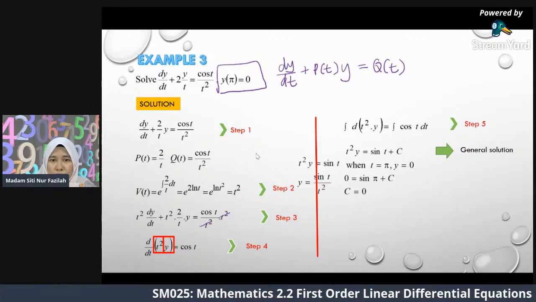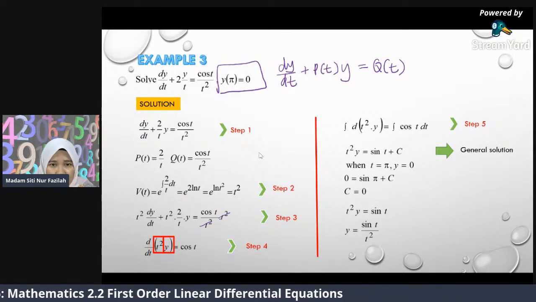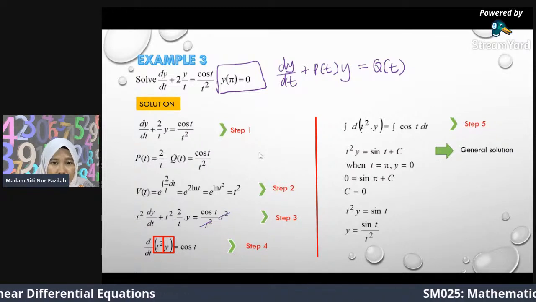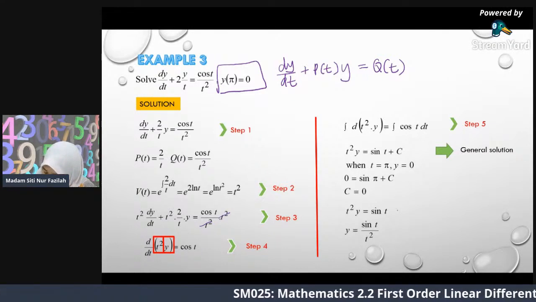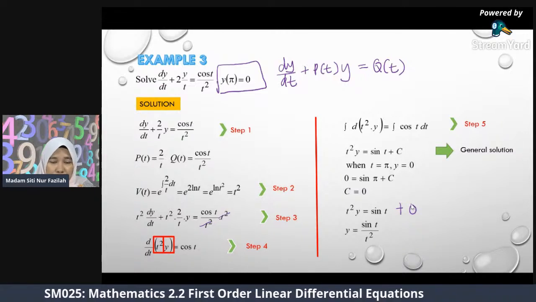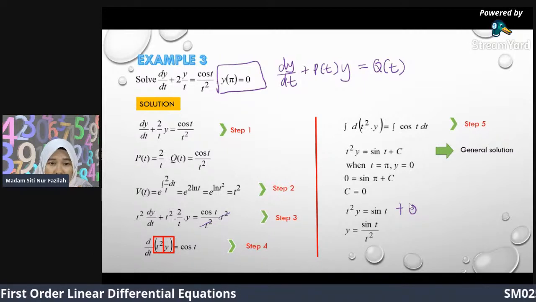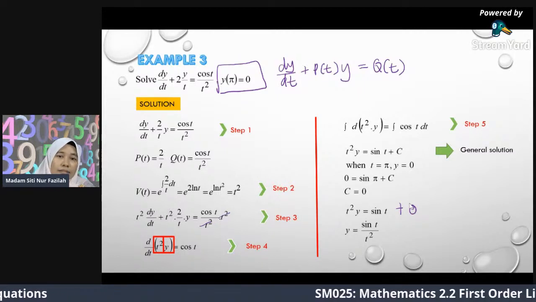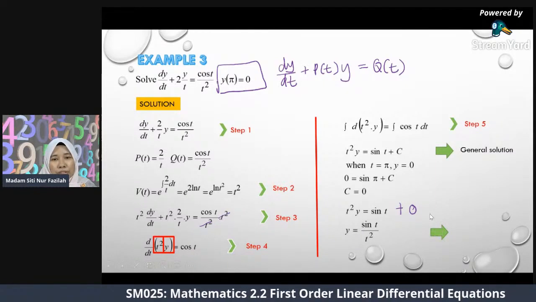And then we substitute the value of c into the general solution, and we get t to the power of 2 y equals sin t, because of the plus 0 here. And then we express y in terms of t, and we get y equal to sin t over t square as the answer for the particular solution.